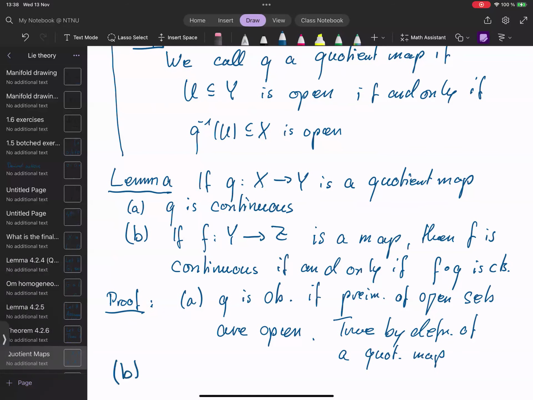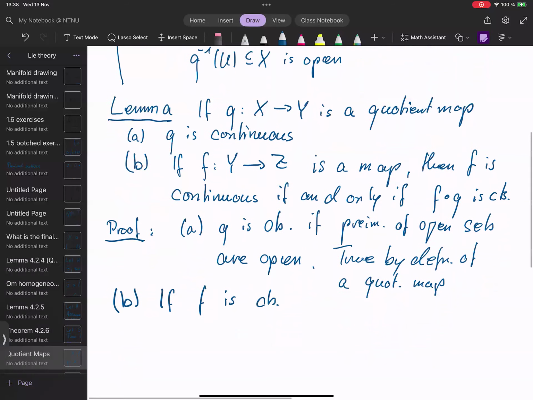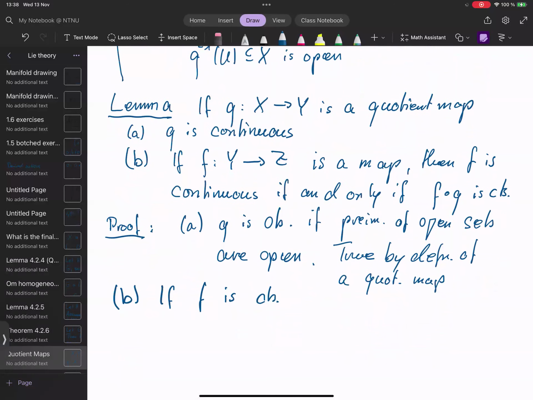Okay, and part B, so if F is continuous, then we know that also the composition of two continuous maps is continuous. So since Q is continuous by part A, we see that also the composition is continuous.